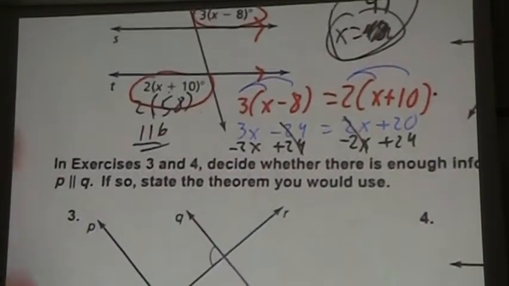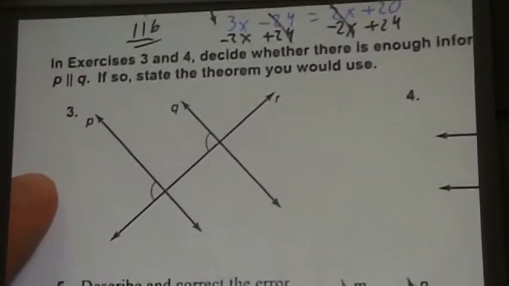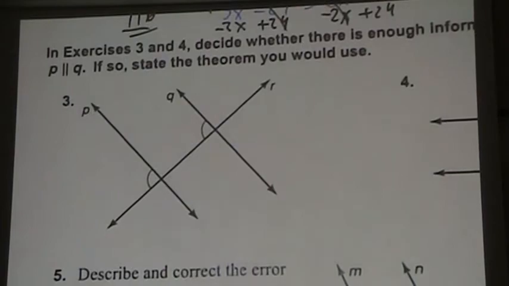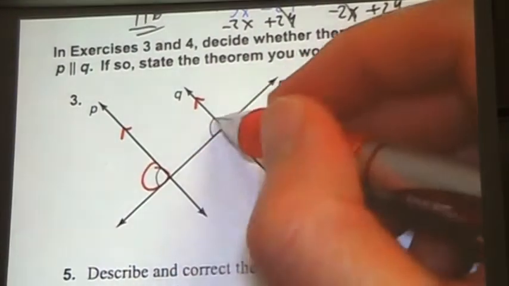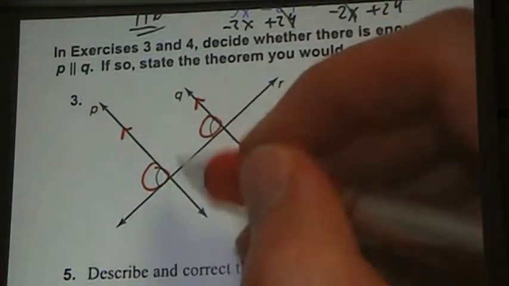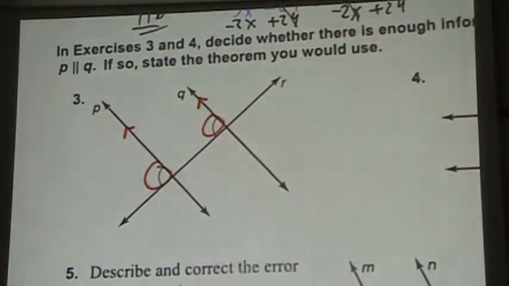3 and 4, these guys are good problems. It says decide if there is enough information to show that some lines are parallel, specifically P and Q. So do we know these guys are parallel? Yes. Why? Because these guys are left, left. Boom, corresponding.